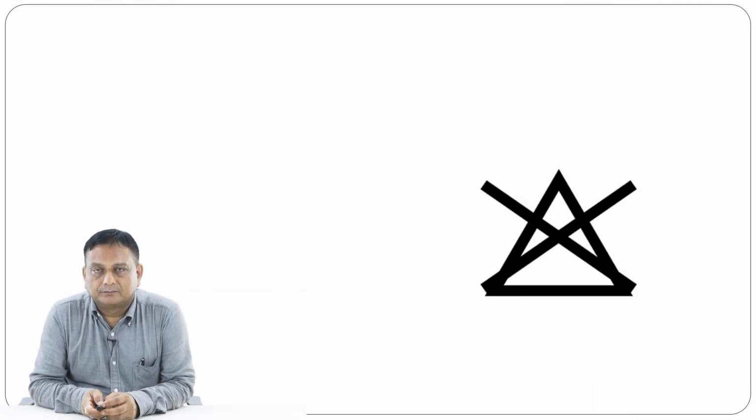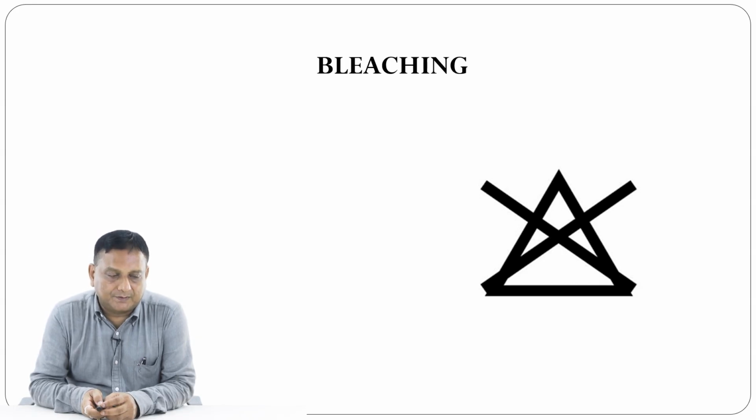But this symbol is contradictory, because the cross mark means it should not be bleached at all. So in one extreme case it can be bleached by any method, and in the other, do not bleach the samples. Both things are covered in this system.